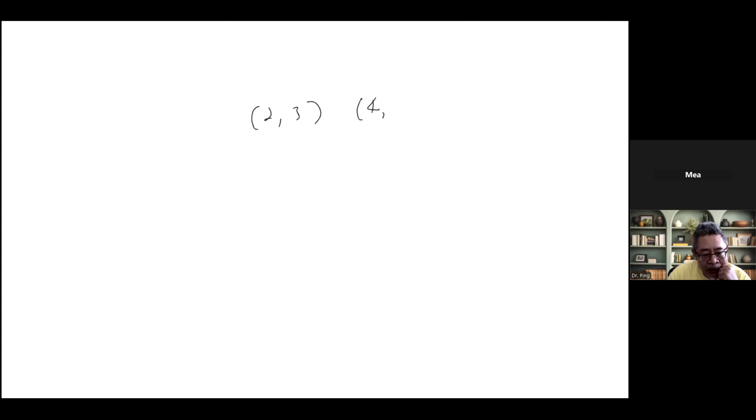If we find the point here, 2 over 1, 2, 3 is here, and the other one is 4 over 1, 2, 3, 4, 5, 6, 7 over here. That's the line we have.